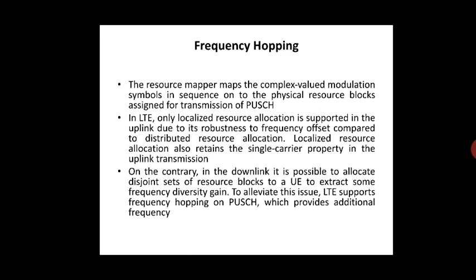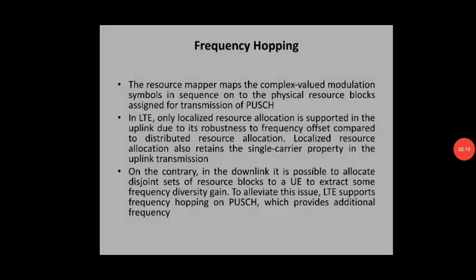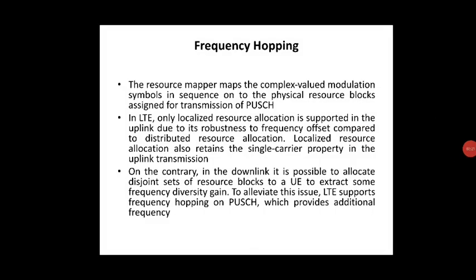Similarly in GSM cellular networks, the job of resource hopping, that is frequency hopping, is that the resource mapper maps the complex valued modulation symbols in a sequence to the physical resource blocks assigned for transmission of PUSCH. Therefore, in LTE, only localized resource allocation is supported in uplink due to its robustness to frequency offsets compared to distributed resource allocations.